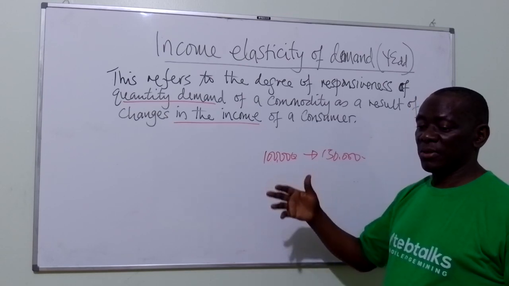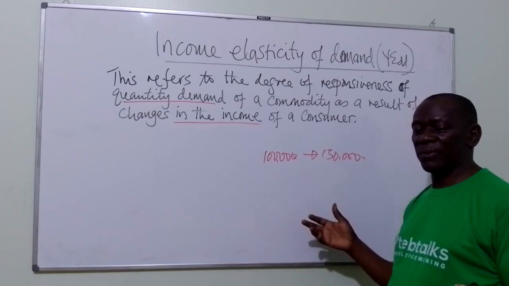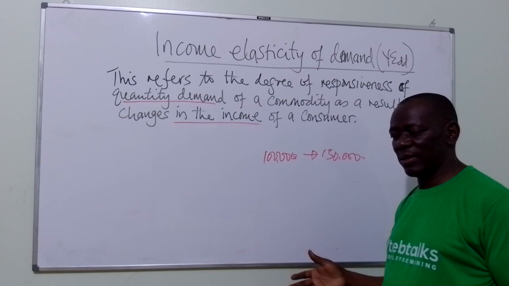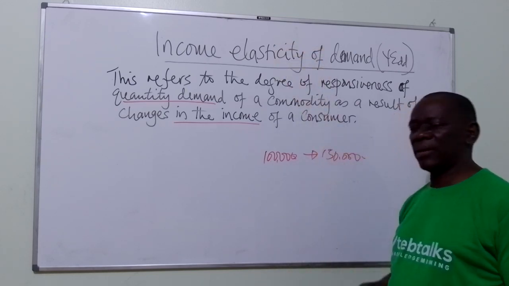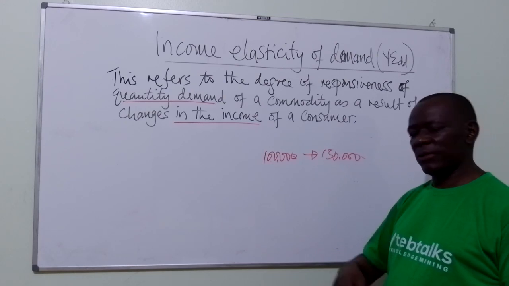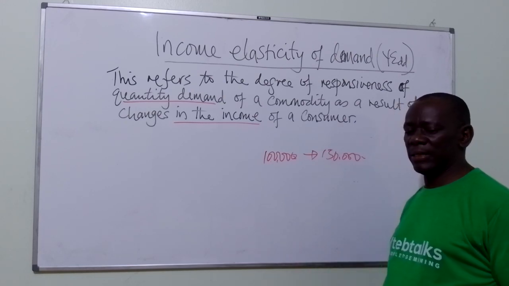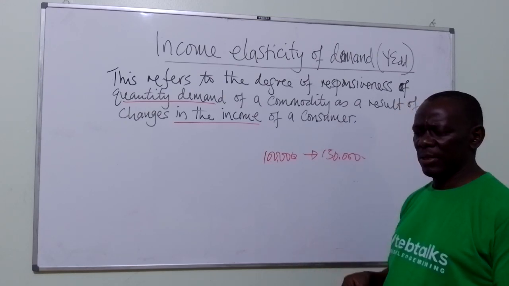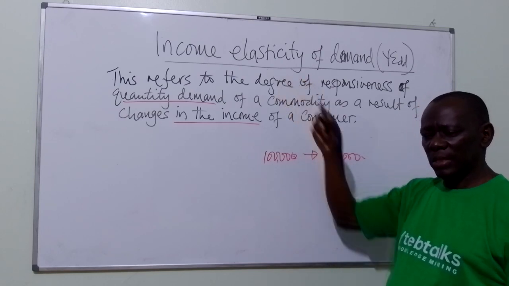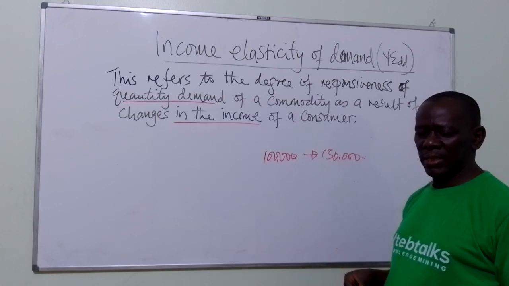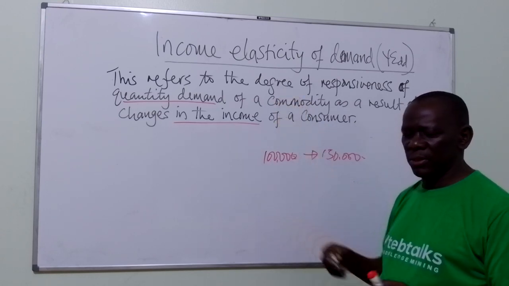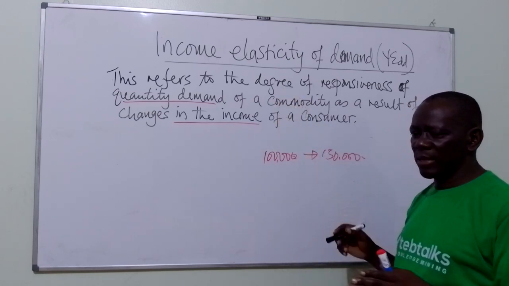The income increases, you don't change their consumption. They remain constant. Another one, the demand increases. Another one, the income changes and there is a reduction. For example, income may increase, demand reduces. Income increases, demand increases. Income increases, no change in demand. And that's what we are looking at.